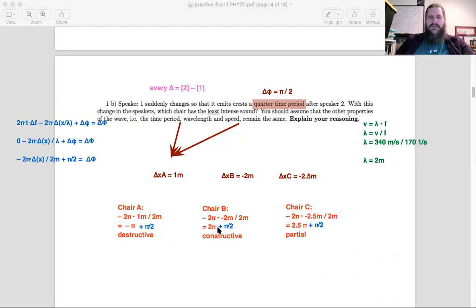So if we add pi over 2 to each of these to account for the extra caused by this quarter period delay, what do these become? Negative pi plus pi over 2 would be what? Yeah, or technically negative pi over 2, but again, the sign of the end result doesn't matter, because negative pi over 2 is what kind of interference?